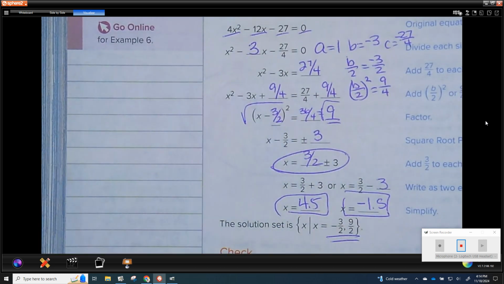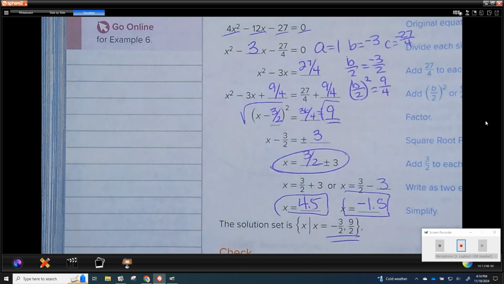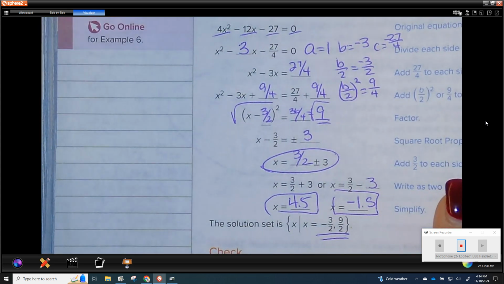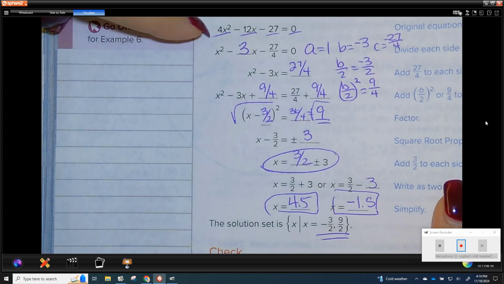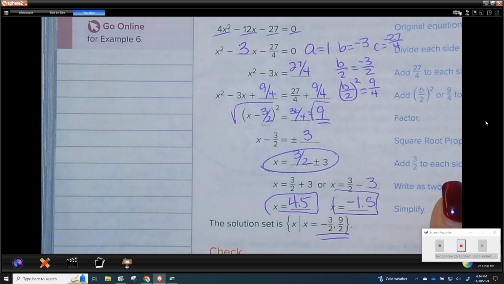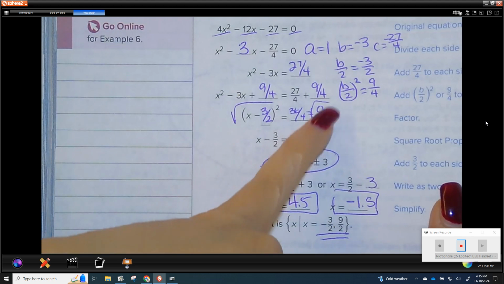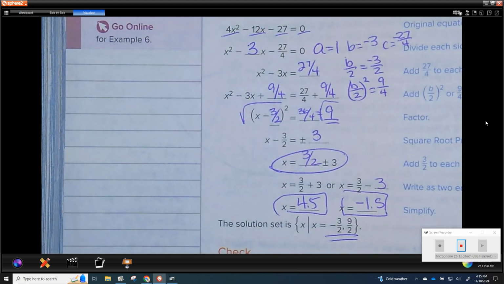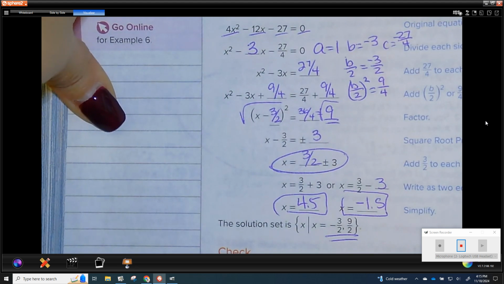What happens to this one is that we need to multiply the 4. And when we add to the other number, we have to multiply it by 4. But I'm not going to do this one right here in vertex form. We only did the vertex form when a is 1, and I'll show you that in the next section.